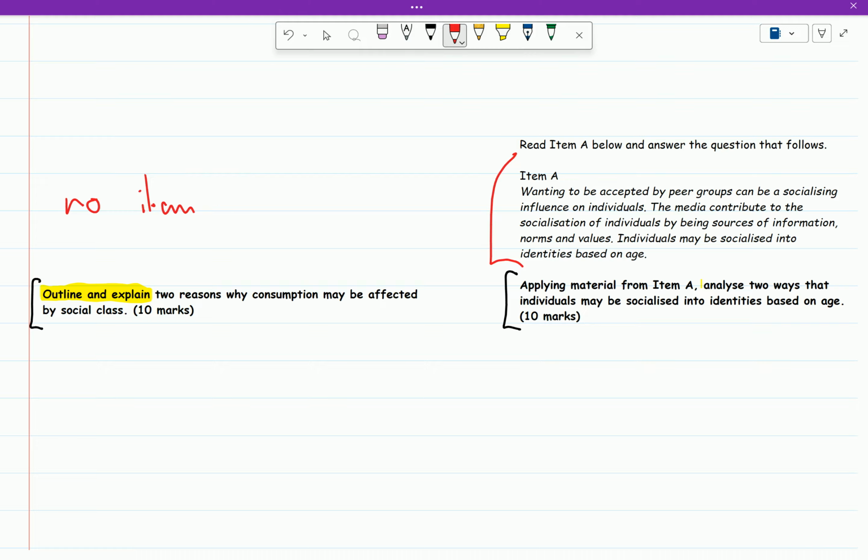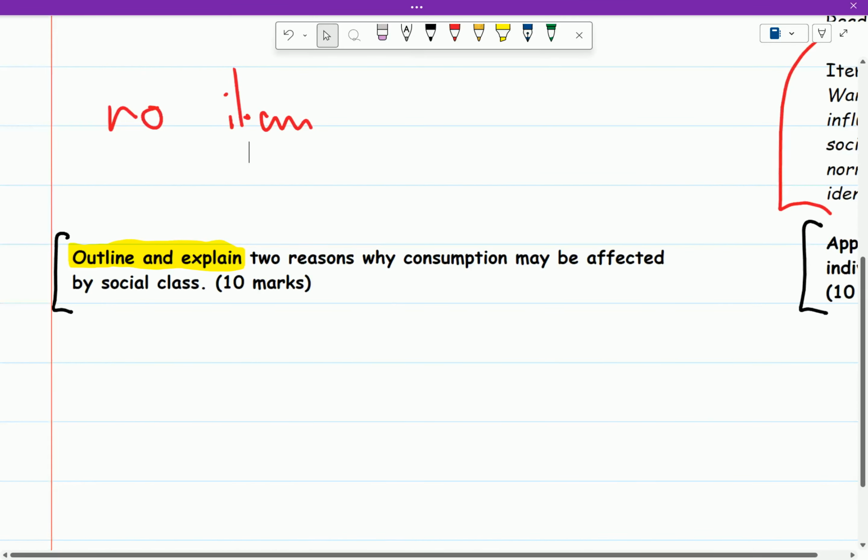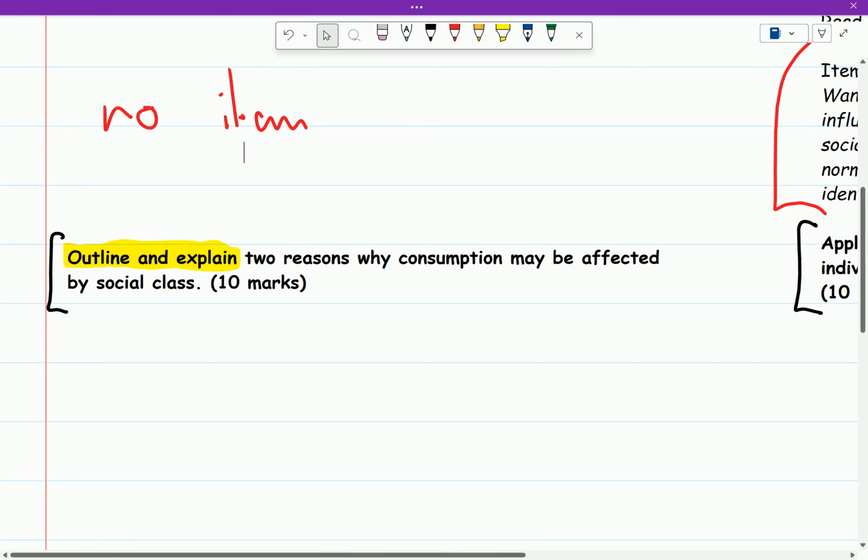That leads us to our next point: what the question is actually testing you on. If they're both 10 marks, are they similar in what they're testing? No. This question here, the outline and explain question, is testing us on our depth of knowledge.